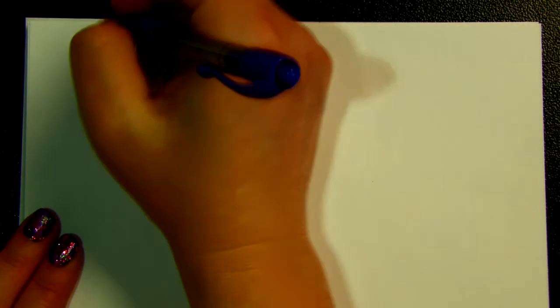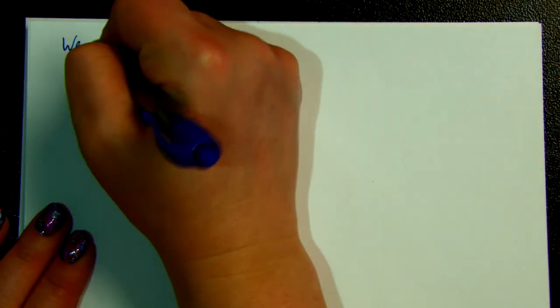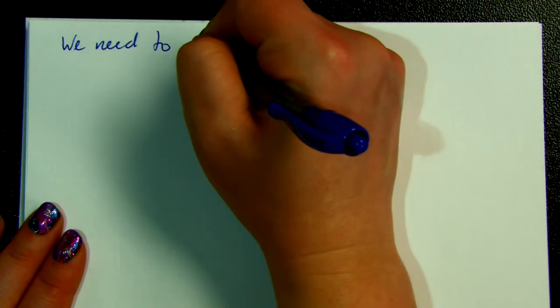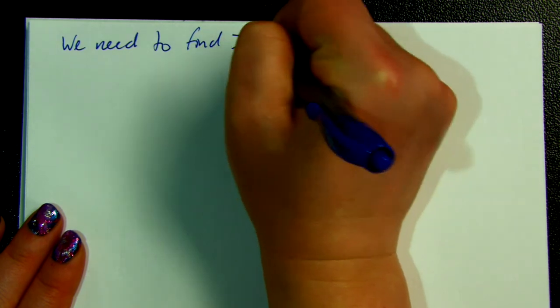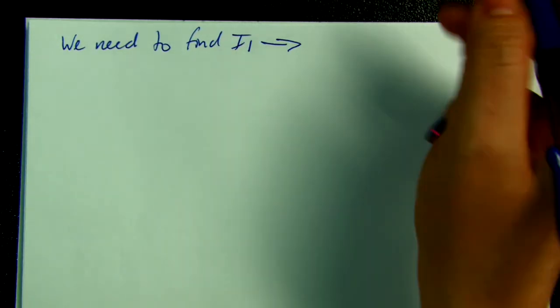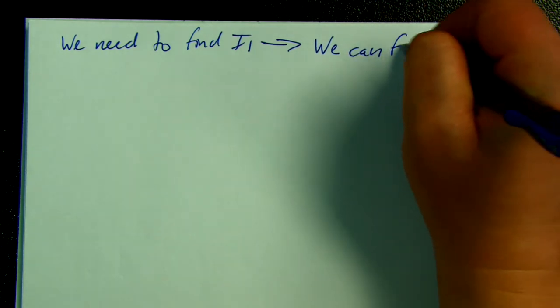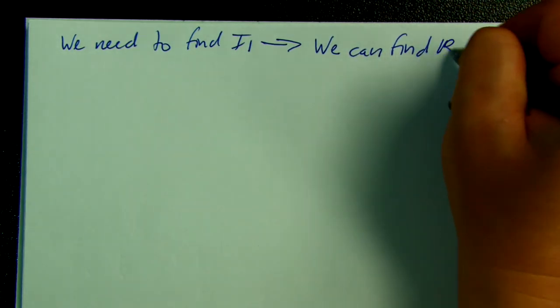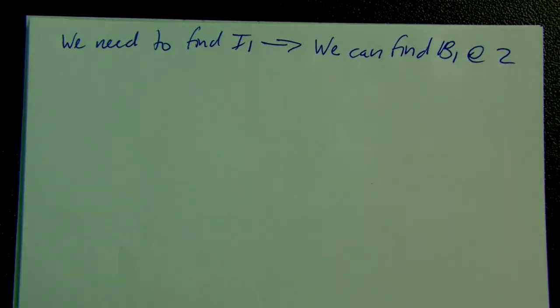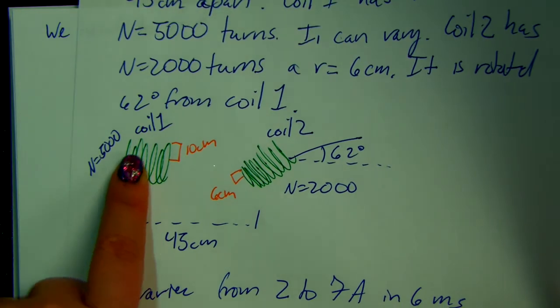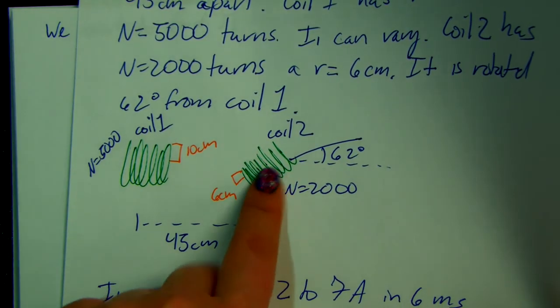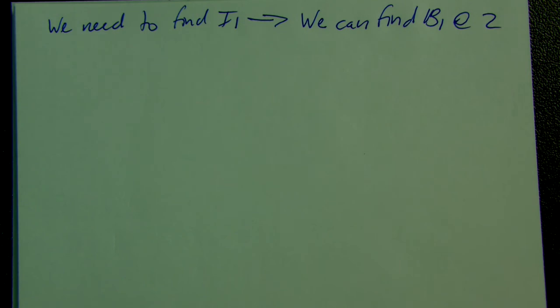So, we need to find I1. Then we can find B1 at 2. So if we can find the current from coil 1, we can start to go after the magnetic field at the location of coil 2.